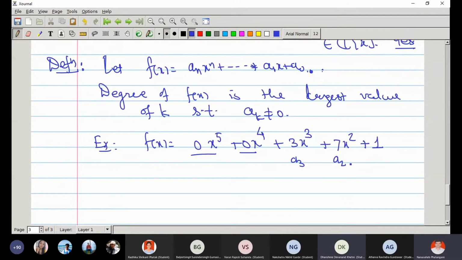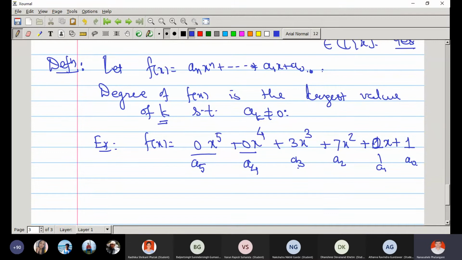a_3, a_2. What is a_1? a_1 is 0 times x plus 1, right? So for a_1 and a_0, the largest k so that a_k is non-zero is 3. This is a_4, a_5. So a_5 is 0, but the largest non-zero is a_3, and therefore the degree is 3.